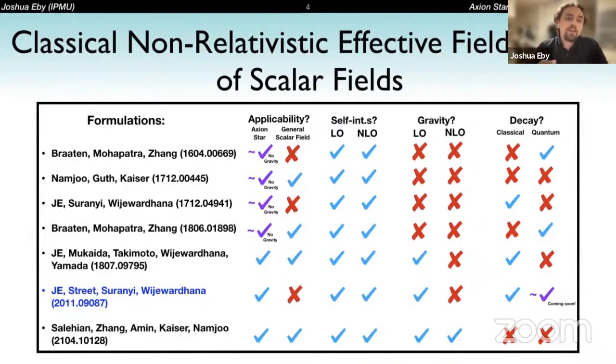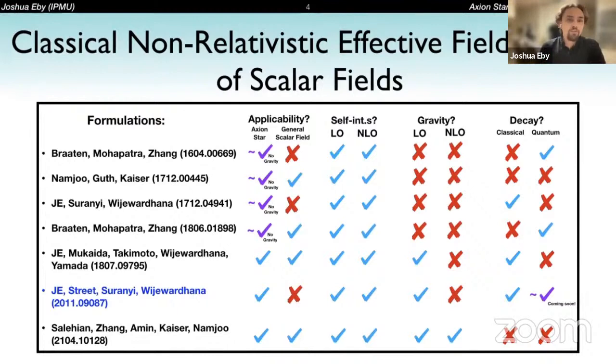And you can see that some of the early work neglected the effect of gravity, but this actually doesn't allow you to characterize things like dilute axion stars. Different theories have taken into account different aspects of decay processes, which are sometimes called classical, which are sort of tree level decays, and quantum, which are sort of loop level.